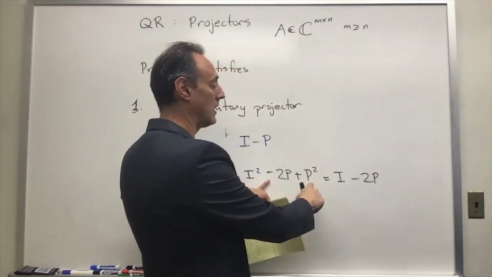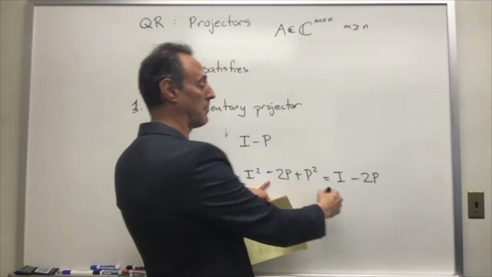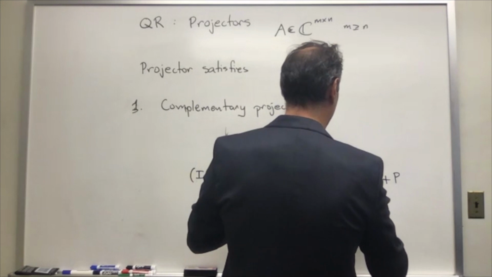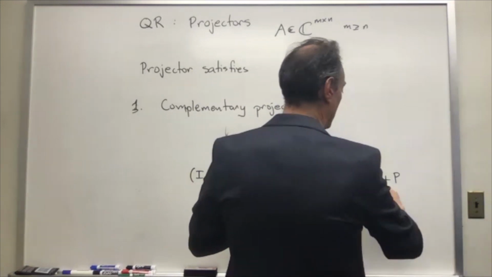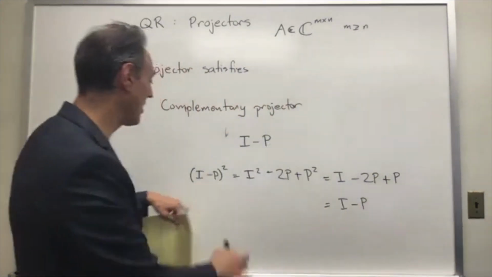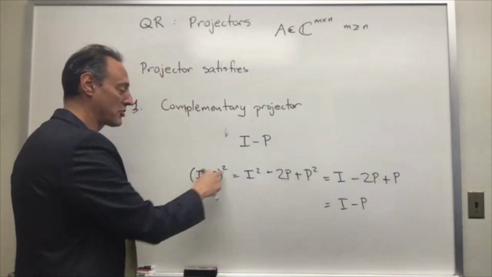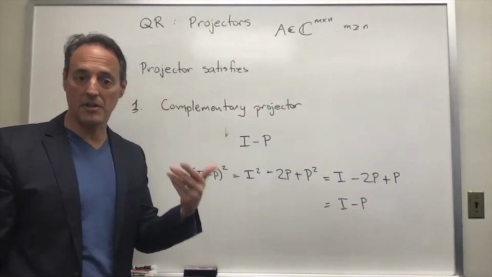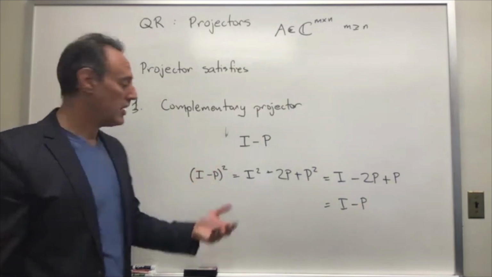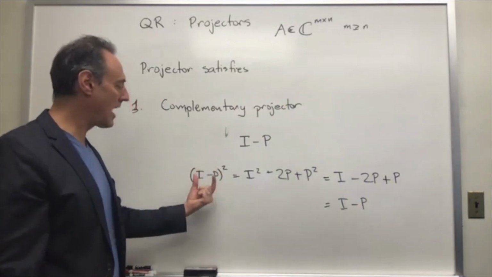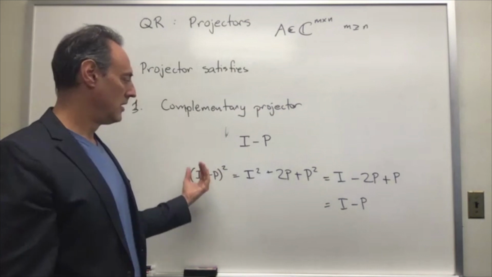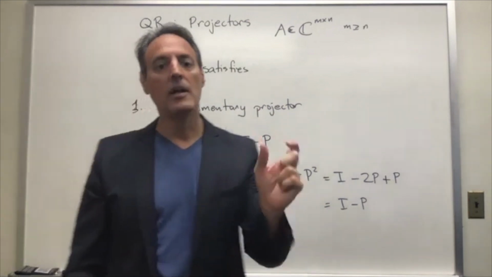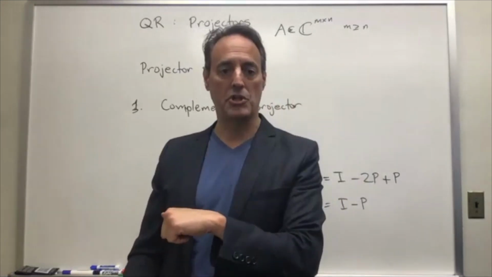P squared, well, since it's a projector, P squared is equal to P. So you get P, and notice this becomes then I minus P, because you have minus 2P plus P. In other words, the operator squared is equal to the operator. And that was the definition of a projector. So in other words, the complement, I minus P, is also a projector. So if P is a projector, identity minus P is a projector.